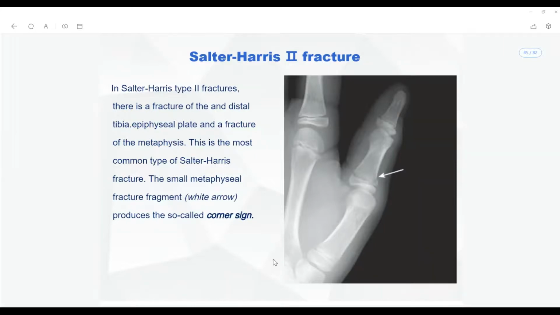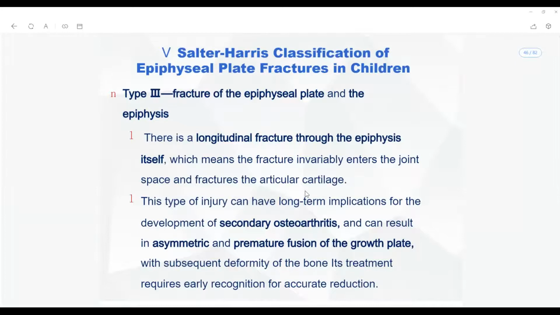Then type 3 fractures, actually this is a longitudinal fracture. A part of the epiphysis is involved, which leads to a long-term implication of secondary osteoarthritis, and there is an asymmetric and premature fusion of the growth plates.